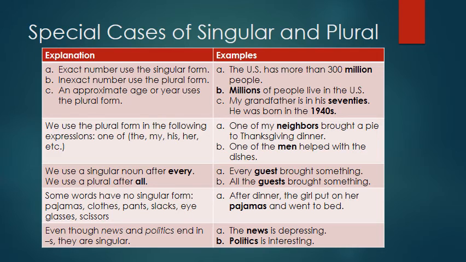So I say my grandfather is in his 70s. I don't know if he's 71, 72, 73, 74, 75, going on. I just know that he's in his 70s. The same thing when I'm talking about years and I'm not being specific. He was born in the 1940s.